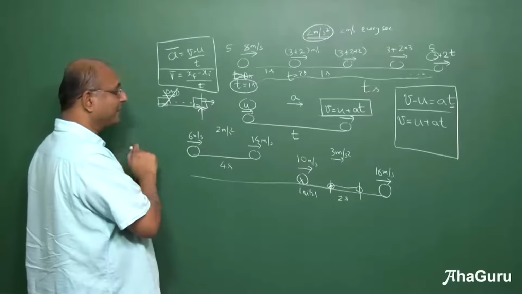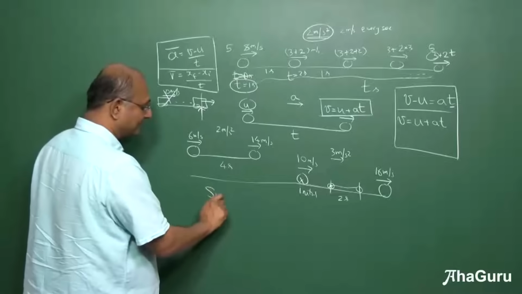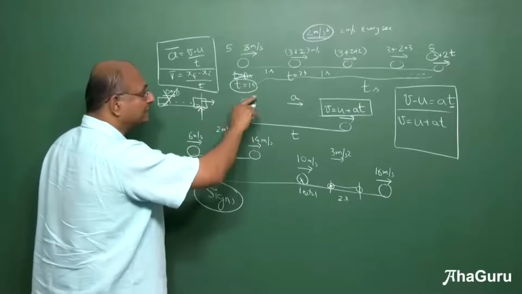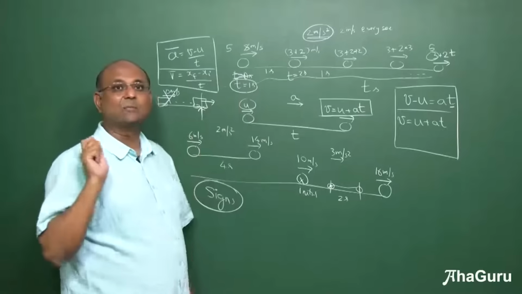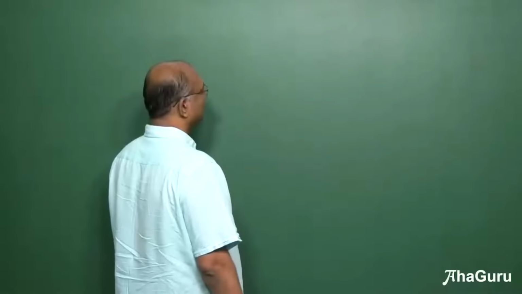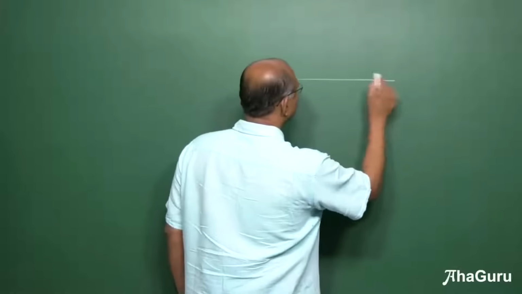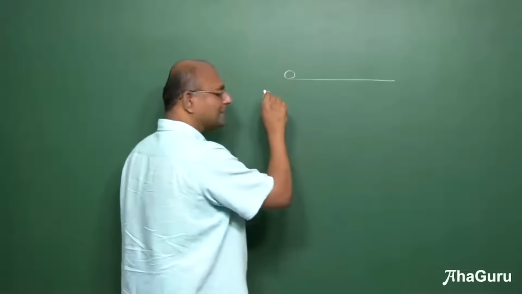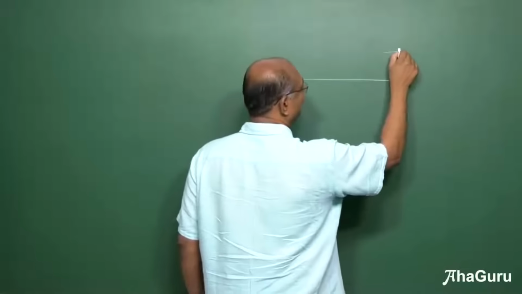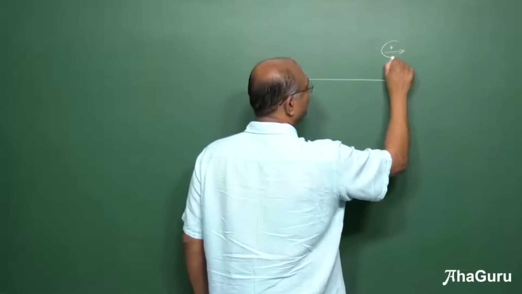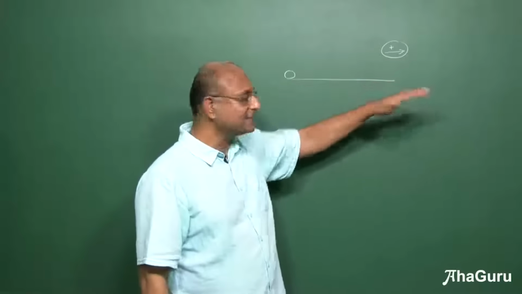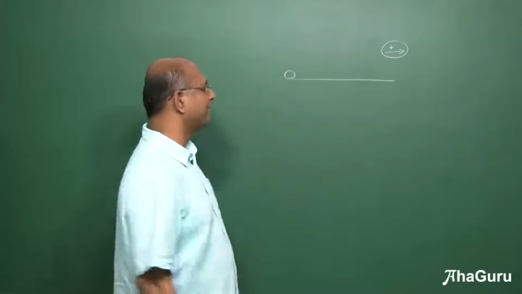Another important point is about signs. All these values u, v, a, etc. come with signs. So let us look at that. That's very, very important. You can choose any direction you want as a positive direction. That is the important idea in sign convention. So for example, if I choose this to be the positive direction, which is very normal, the positive x-axis, positive y-axis is the positive direction.